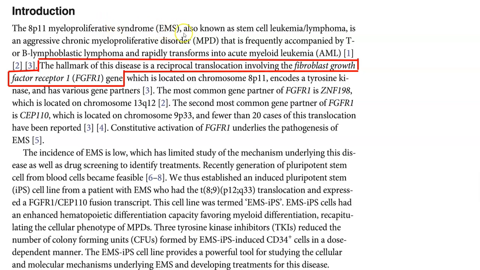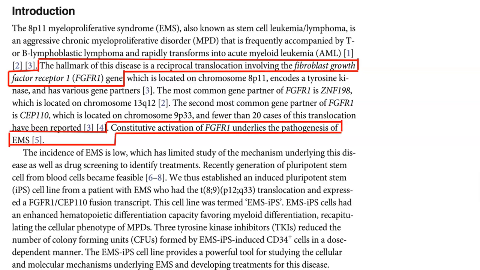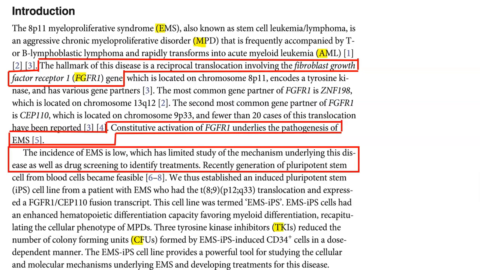We had EMS earlier, MPD. So you'll see a lot of these acronyms, and they start to help you look and understand what's happening. So you might want to highlight these or make note of them so you can make sure that you are understanding what's happening. These just tell you a lot of information, and you maybe want to highlight the acronyms to help you keep track of those things.